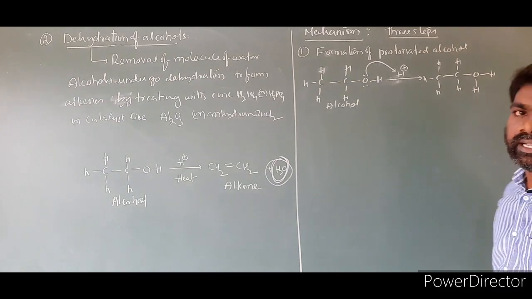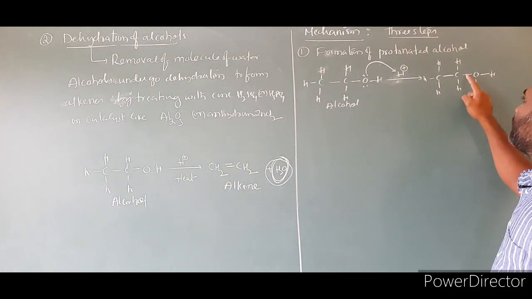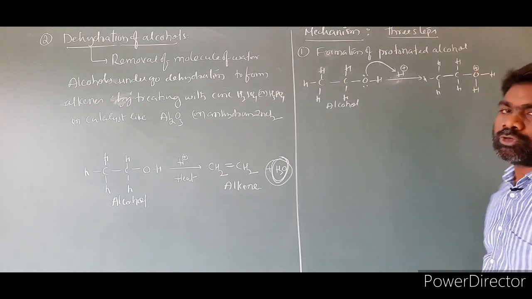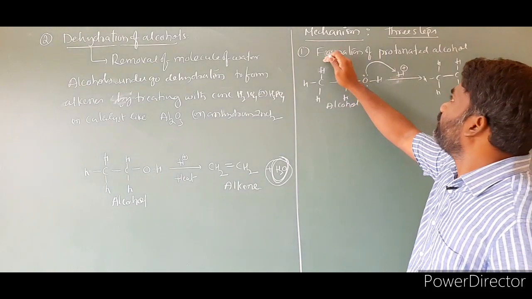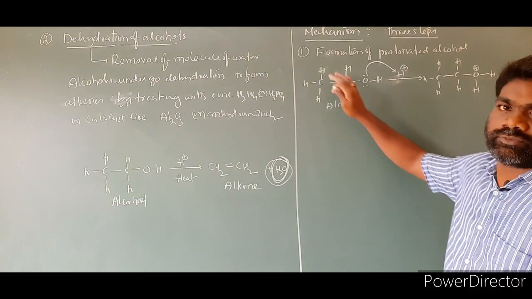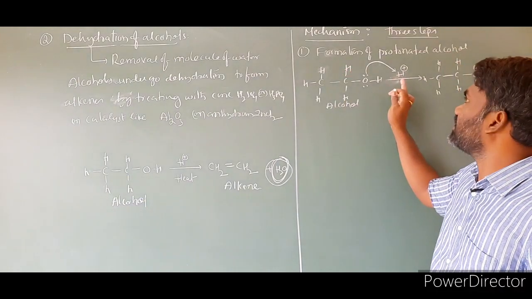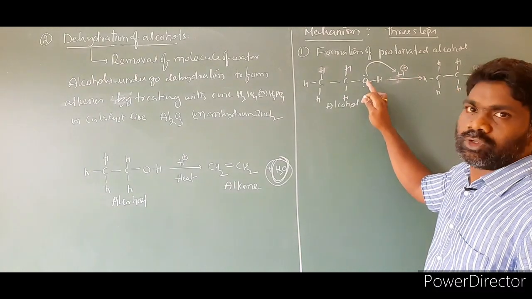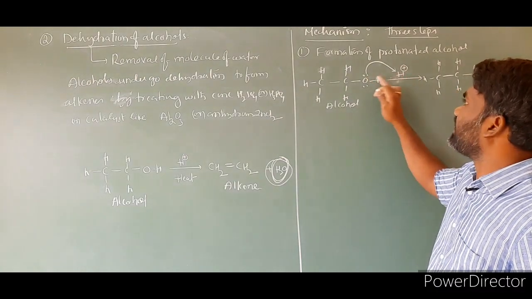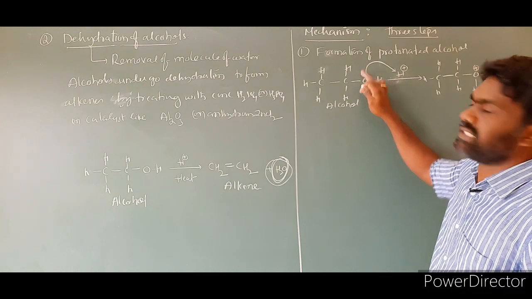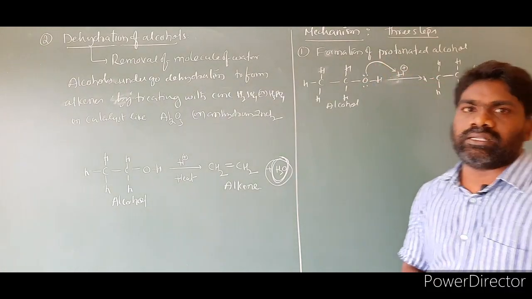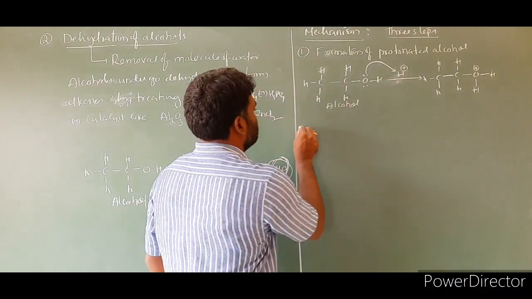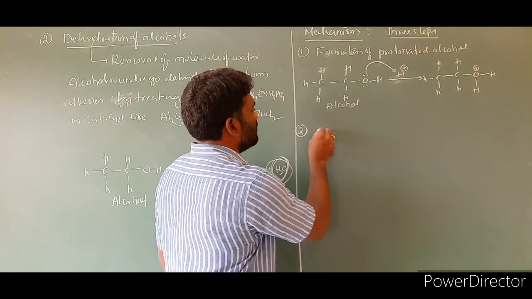As a result, oxygen with 3 bonds gets a positive charge. So this is a protonated alcohol. The first step is the formation of a protonated alcohol. When the alcohol is treated with acid, H plus from the acid is attacked by the lone pair of electrons present on the oxygen. As a result, protonated alcohol is formed. This is step number 1. Step 2: formation of carbocation.